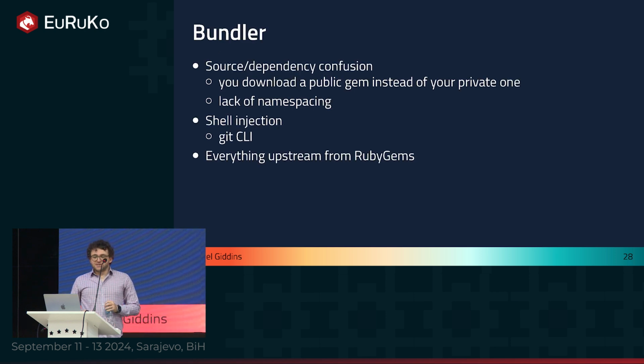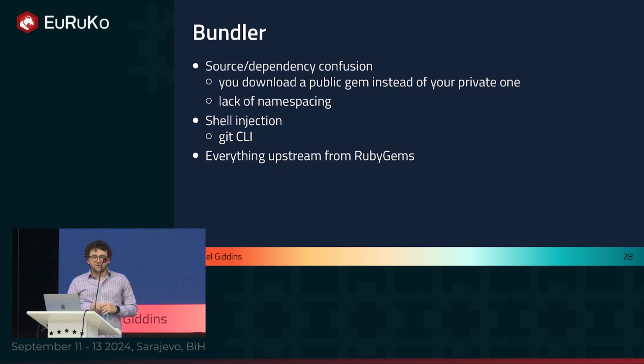Bundler also had its own fair share of distinct vulnerabilities. The most common class of those has been what's been termed source or dependency confusion. And it basically boils down to you download a gem from rubygems.org instead of from your company's gem server.